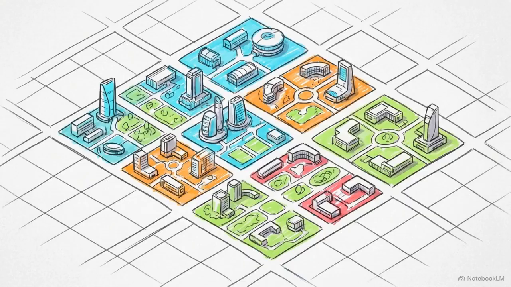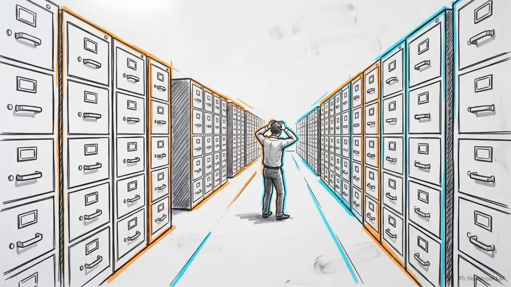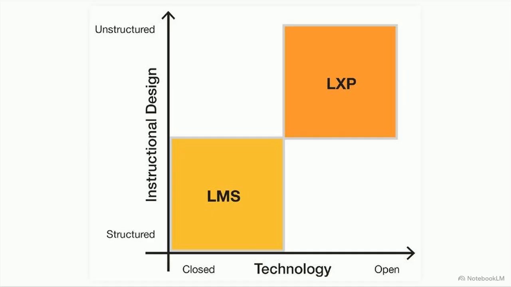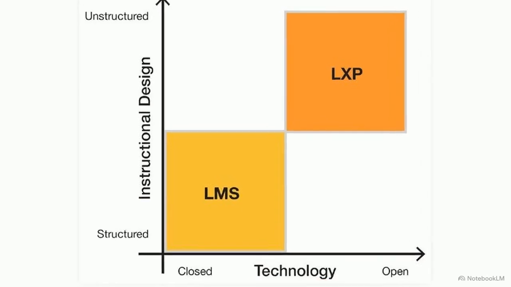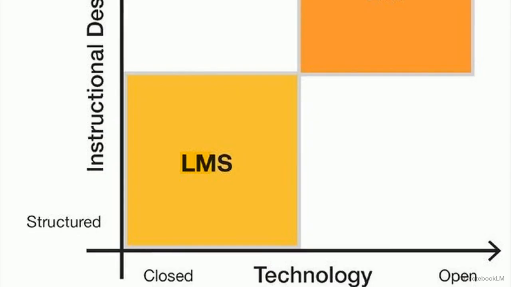Once you separate the time dependency, you have to allocate the digital real estate. Where does all of this self-paced, asynchronous material actually live? This 2x2 matrix charts the 2 primary technologies used to host online learning, mapped across their structural flexibility and design focus. The traditional solution is the Learning Management System, or LMS, located in the closed, highly structured quadrant.